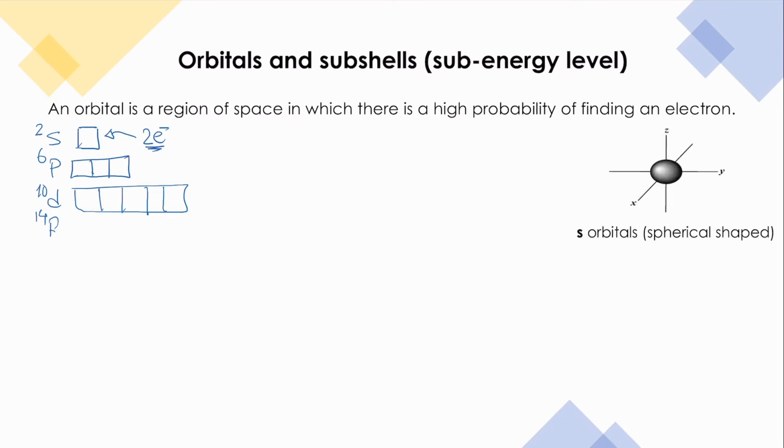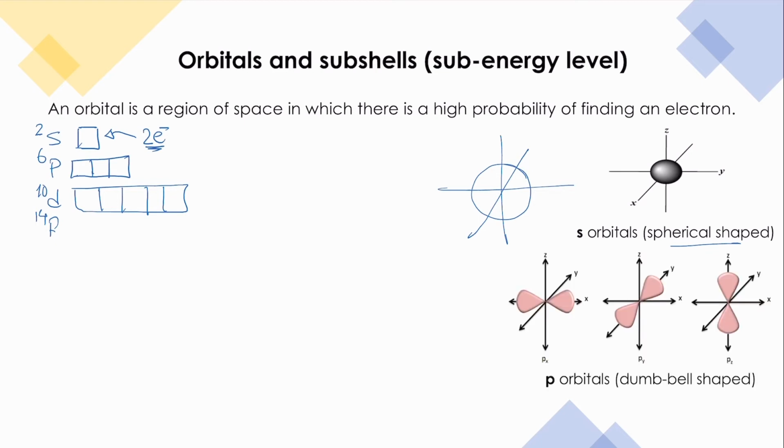But the actual shapes of S and P that we have to know: S has a spherical shape. We can just draw axes, x-axis, y and z, and this is a sphere representing the S orbital. What about P? We just said that we have 3 orbitals, so we have Px, Py, and Pz.